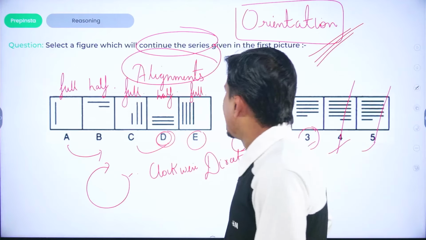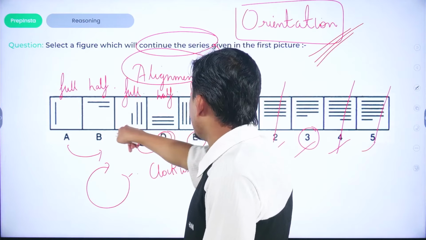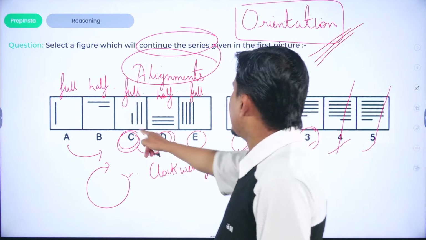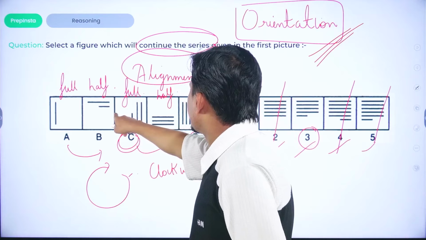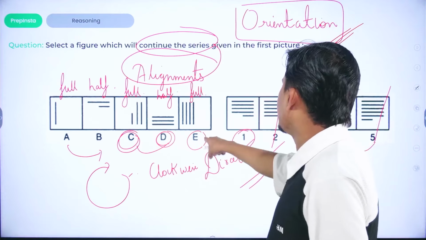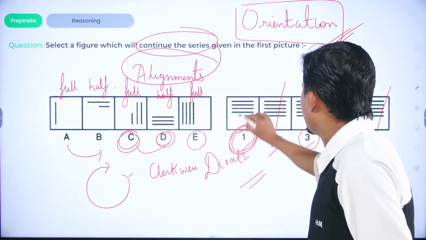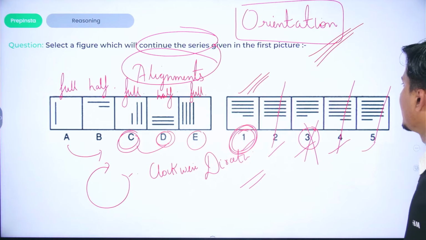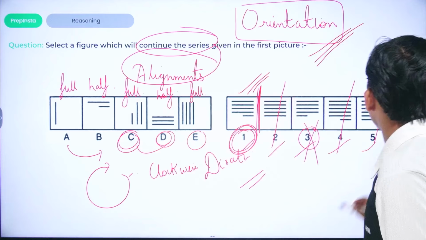If we check the alignments, in the third option what we see is that the half line has been picked up from, it is being changed from the full line. In the fourth, it is changed with the half line, then full, then half. So the half will come from this particular portion, so option number A would be right. Why is this option eliminated? Because this particular line will always come from the centermost portion. So the right option would be option number 1.